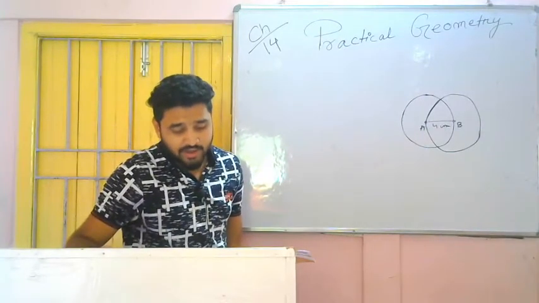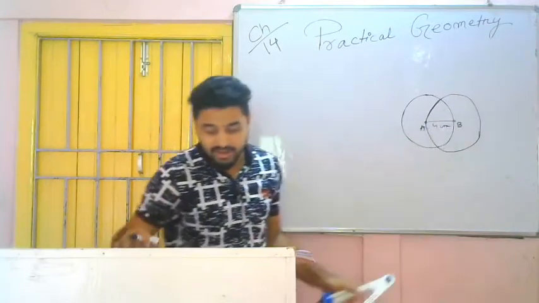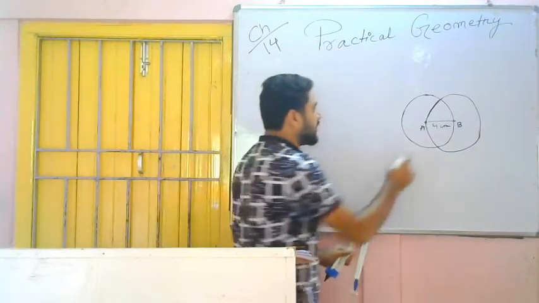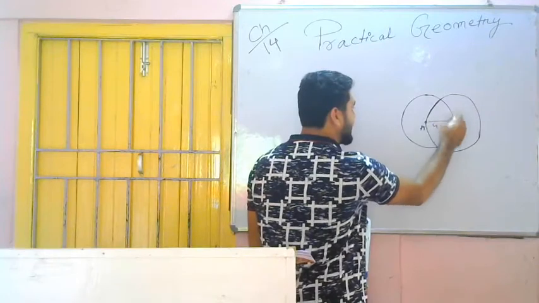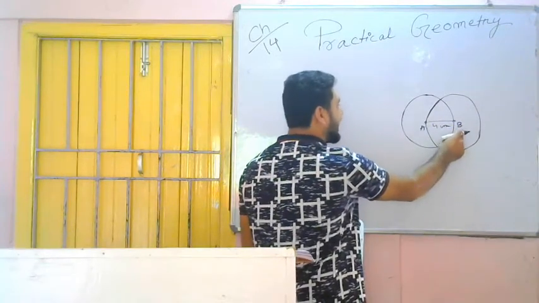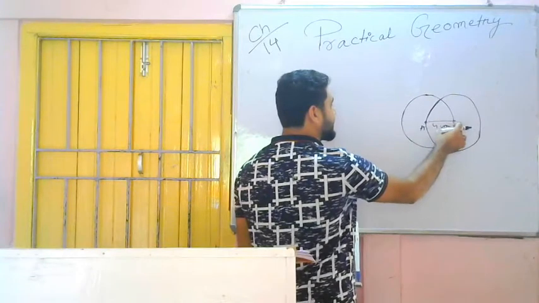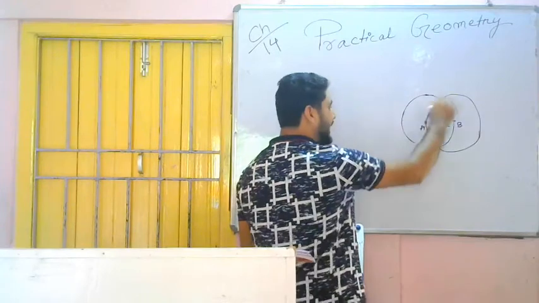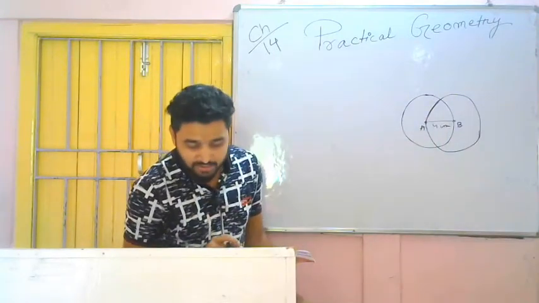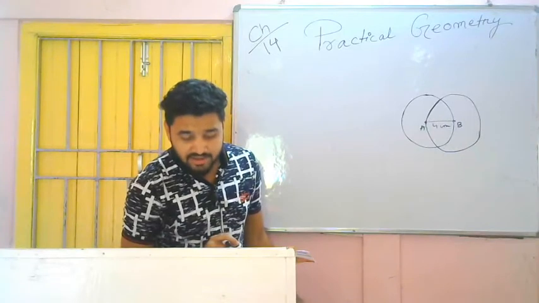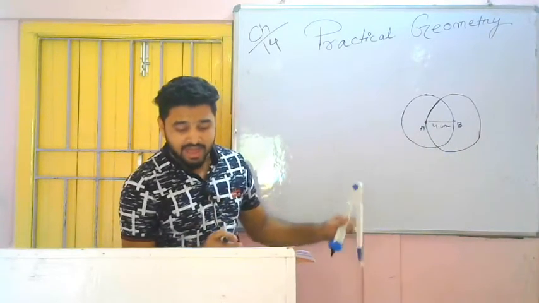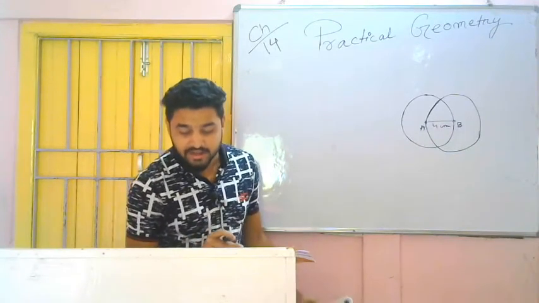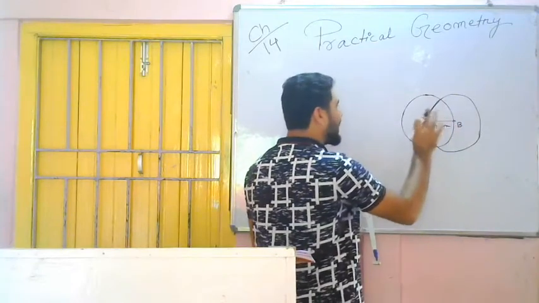Now after that the question is asked, draw two circles of equal radius. We have drawn two circles with equal radius such that each of them passes through the center of the other. You see, this circle passes through the center of circle B, and circle B passes through the center of A. Mark the points where they intersect each other as C and D. That means mark the point where they intersect.